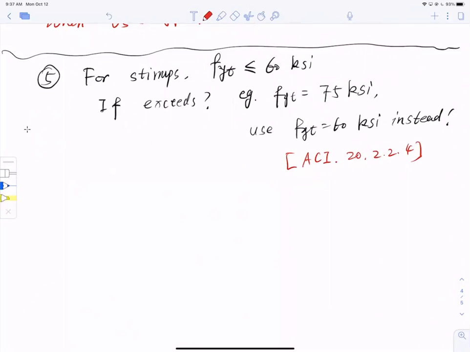Now, once we have done this, everything should be good and pretty, except one thing, step 6. If we still provide Vs max, it has to be smaller than or equal to 8 times square root f'c bw d. Why is that?